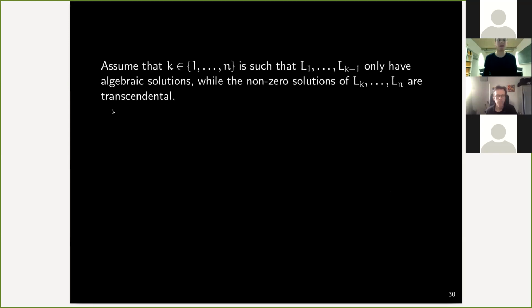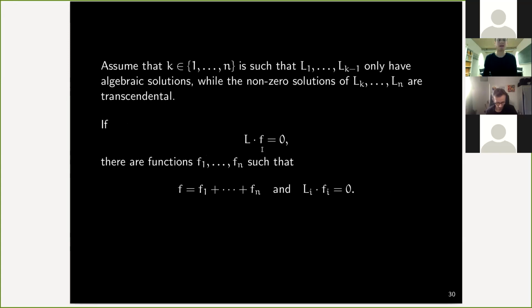And yeah, having now checked which of the irreducible operators in the representation of our operator L as the least common left multiple of L1 up to Ln only have algebraic solutions, we know that any solution F can be written as a sum of solutions F1 up to Fn, where Fi is a solution of Li, where let's assume the first k minus 1 are algebraic and the remaining ones are transcendental.